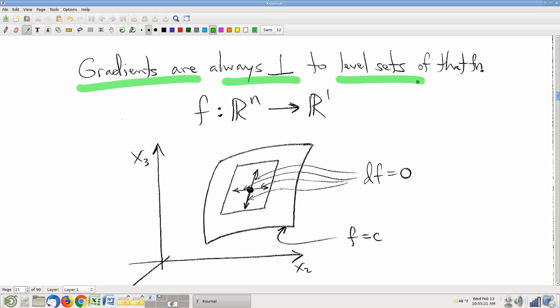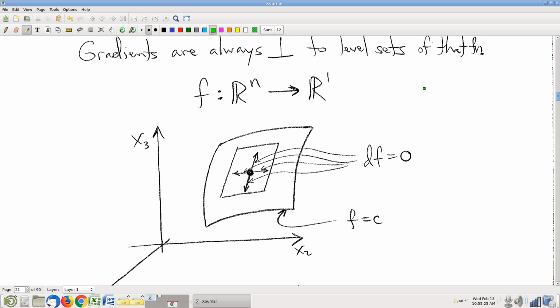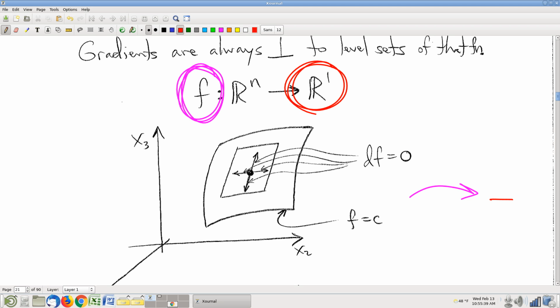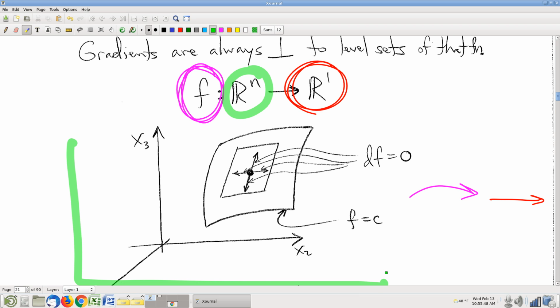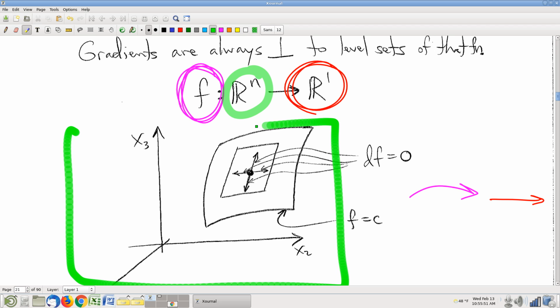Did I see a hand somewhere? No? Okay. Just as a reminder, when we say perpendicular to level sets, we are talking about a function f. The output values are real valued. The domain that we're looking at, R^n, is where level sets live.